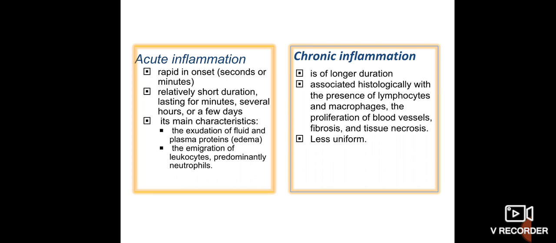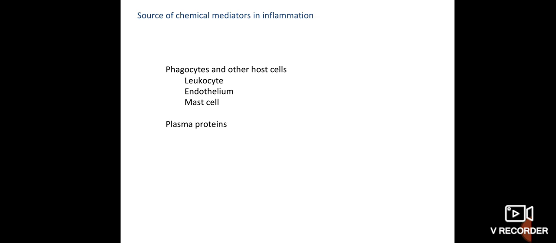Acute inflammation is of relatively short duration, and its main characteristics are plasma protein edema and immigration of leukocytes and neutrophils. Chronic inflammation is associated histologically with the presence of lymphocytes and macrophages, proliferation of blood vessels, fibrosis, and tissue necrosis. So this is all about today's lecture on acute and chronic inflammation.